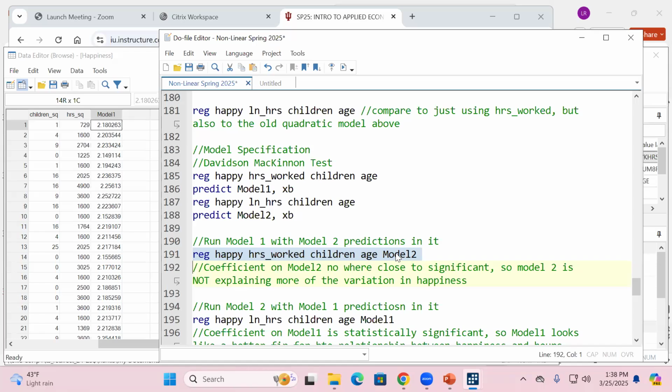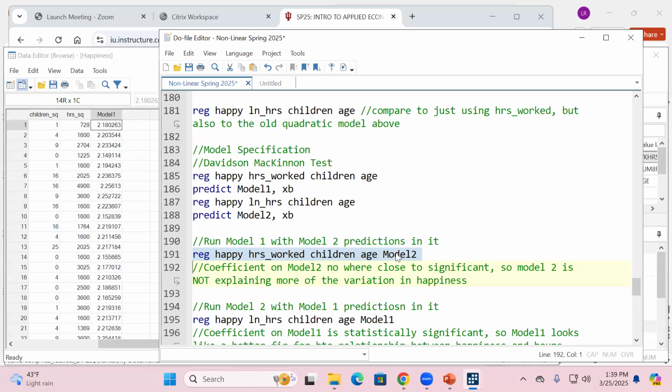I'll write this out, not even in the context of our example. So let's say I had something like this, and I've got a bunch of additional controls, right? I'm then going to run a second model where I'm using the natural log of one of those variables, but all of my other controls are exactly the same. I'm then going to come up with my predicted Y values from model 2, this second model where I was using the natural log.